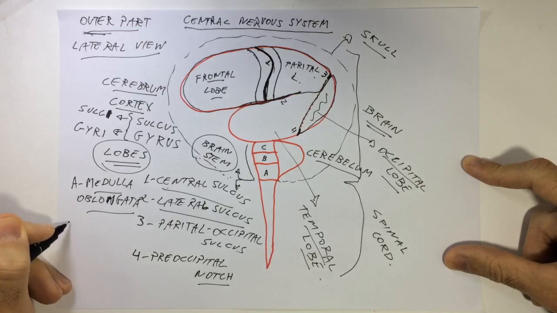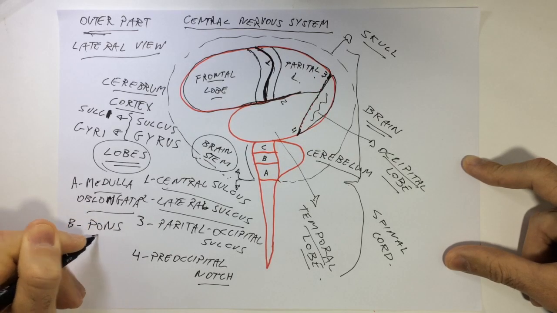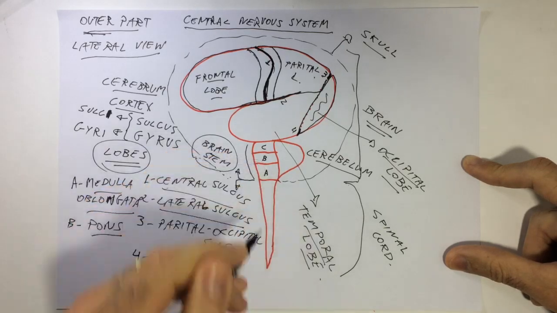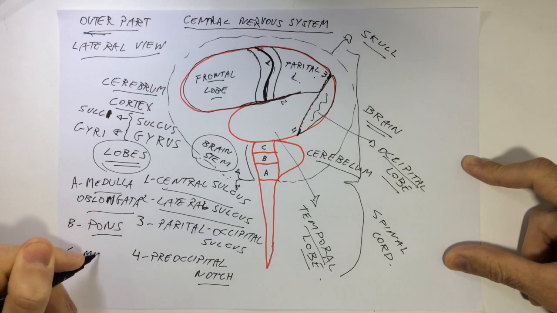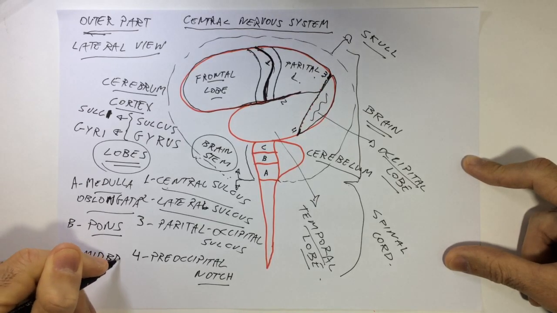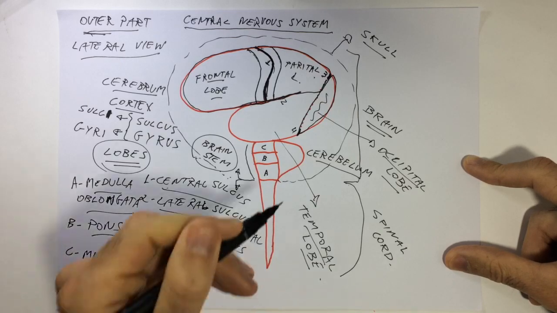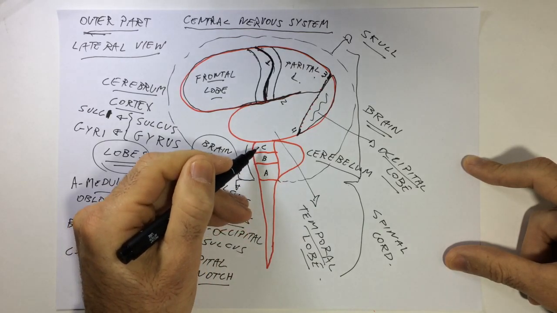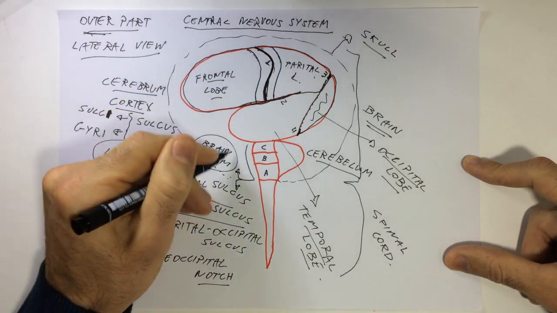Here in the middle we have the pons, and here we have the midbrain. So the medulla oblongata, the pons, and the midbrain, all together, they are the brainstem.